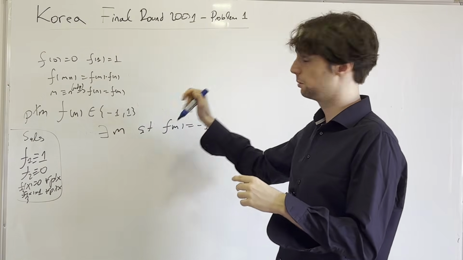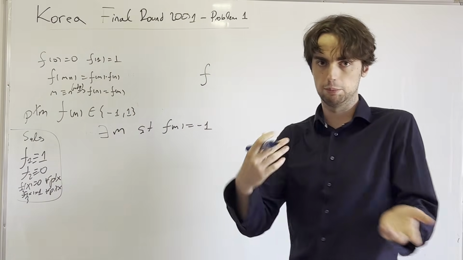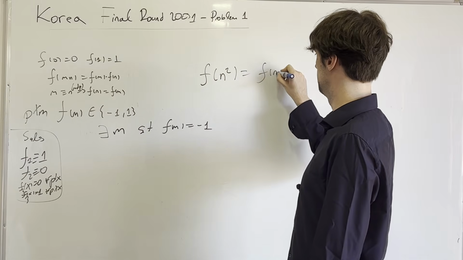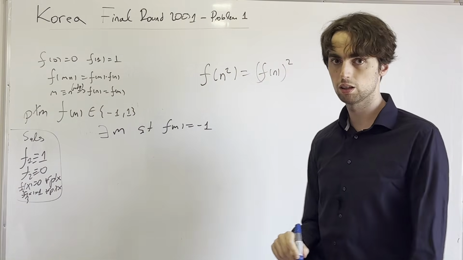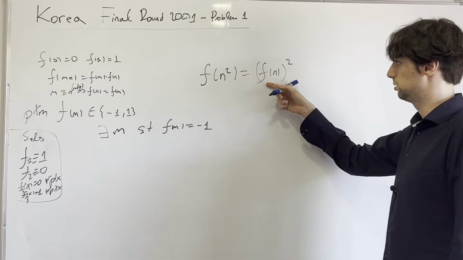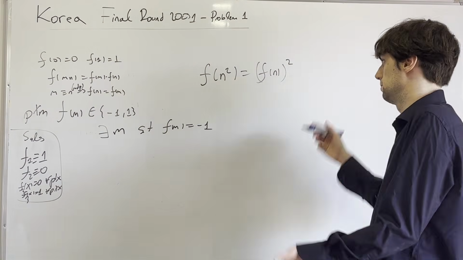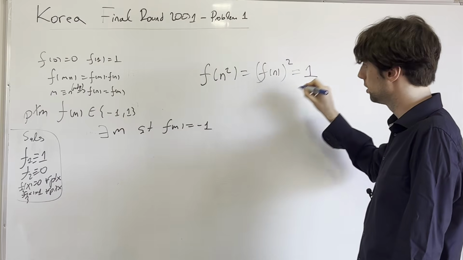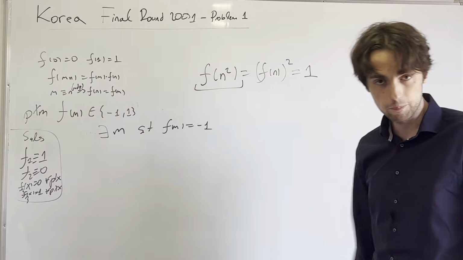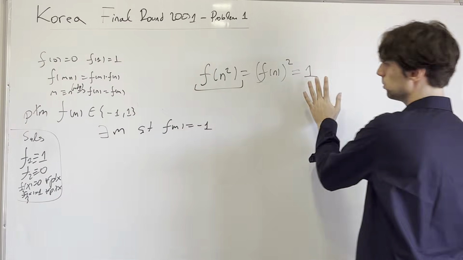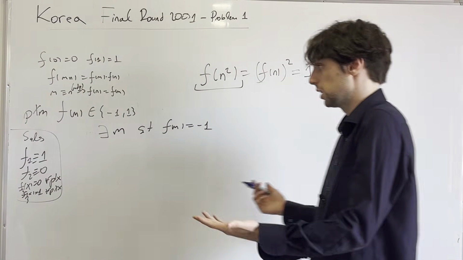Well, also with the multiplication, if I just plug in m is equal to n, I have f of n squared is the same as f of n squared. And this f of n is either 1 or minus 1, so f of n times f of n is going to be equal to 1. So every number that's a quadratic residue is going to be equal to 1. This is important.